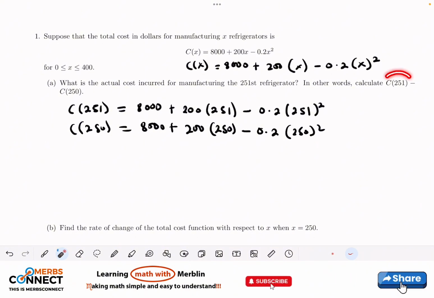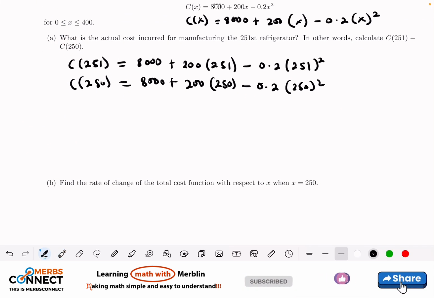I'm just replacing everything in the parentheses with 250. The same thing for the other one too. So now I need C of 251 minus C of 250. This is very simple to calculate.